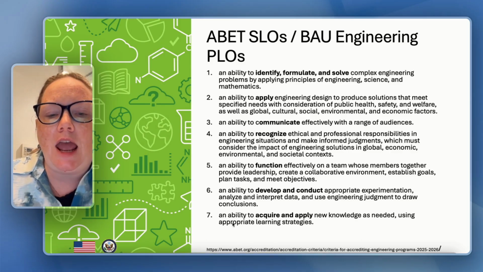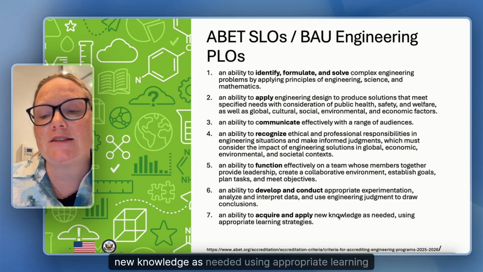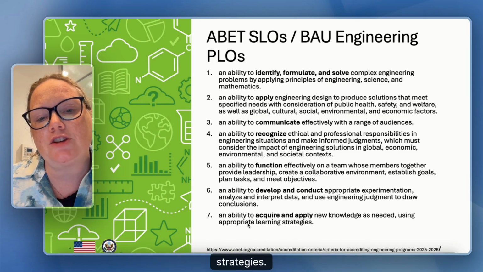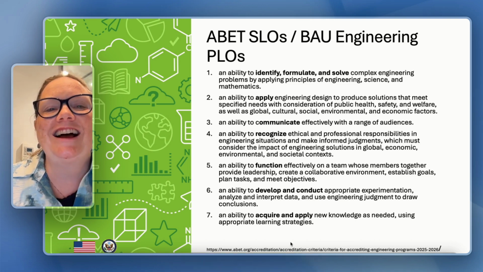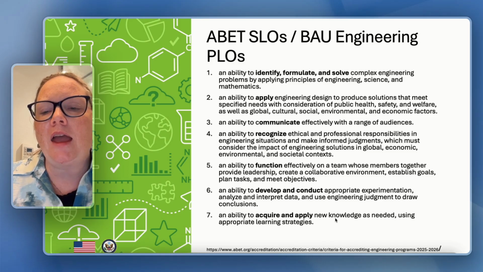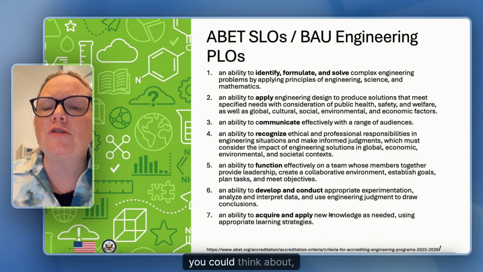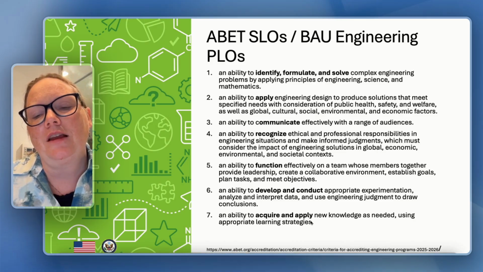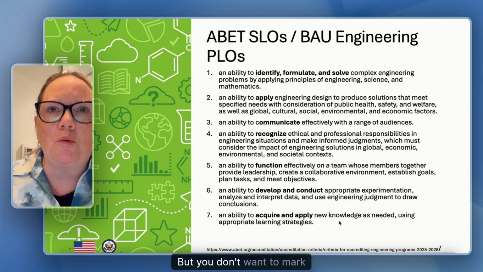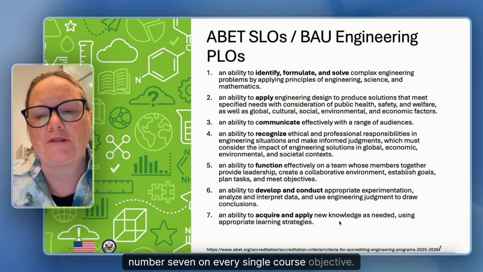And finally, an ability to acquire and apply new knowledge as needed using appropriate learning strategies. And I believe at BAU, this is your competency PILO. And so thinking about what knowledge, and you could think about, well, any skill that you teach could also go to 7 using that knowledge, but you don't want to mark PILO number 7 on every single course objective.